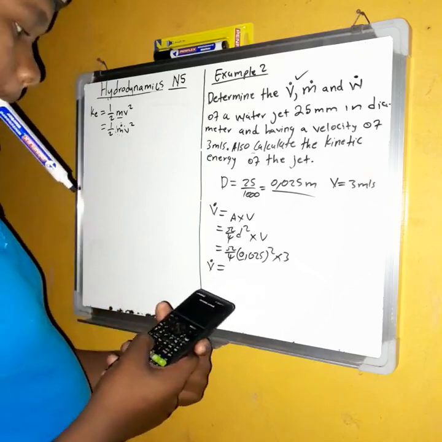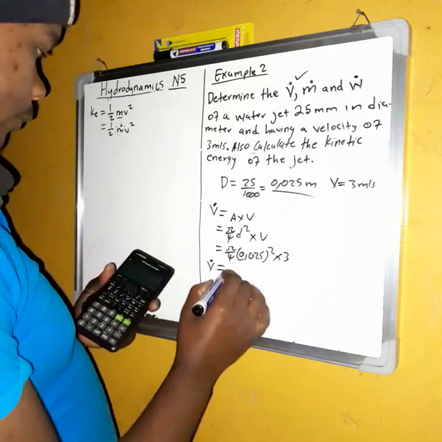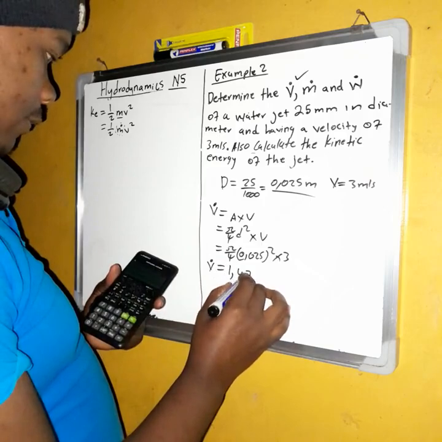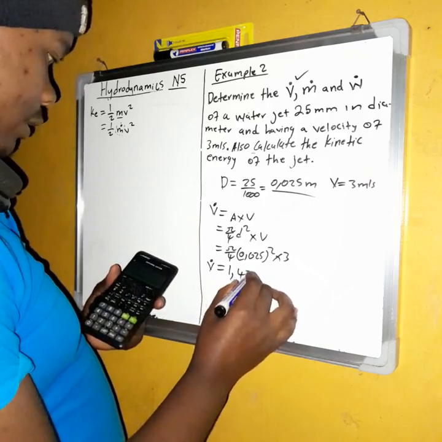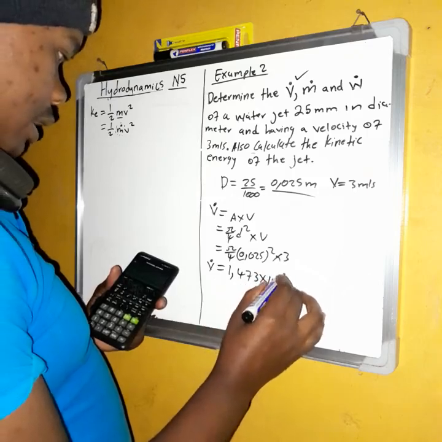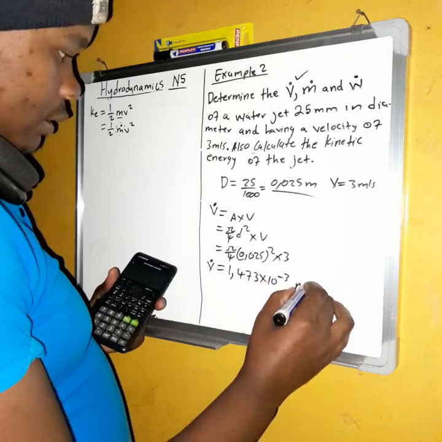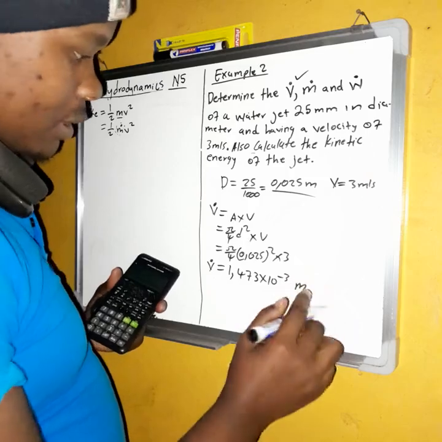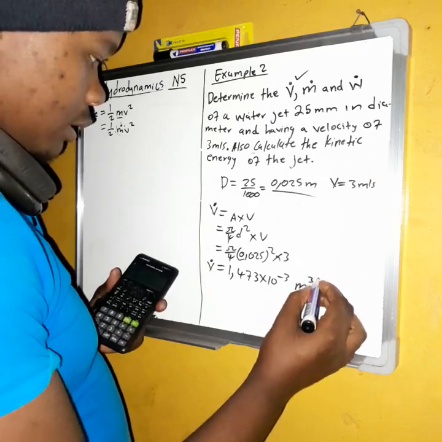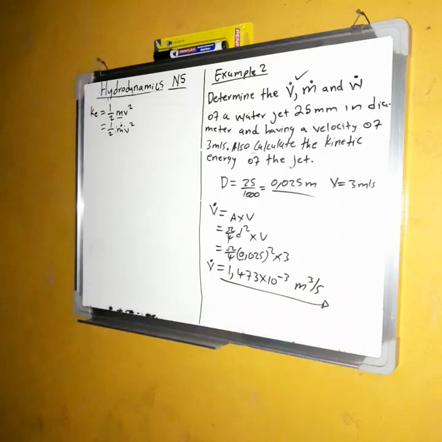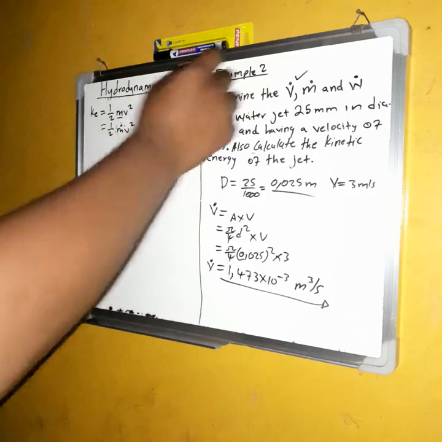You will have 1.473 times 10 to the minus 3, measured in cubic meters per second. So remember, this is the flow rate. We're done with this one.